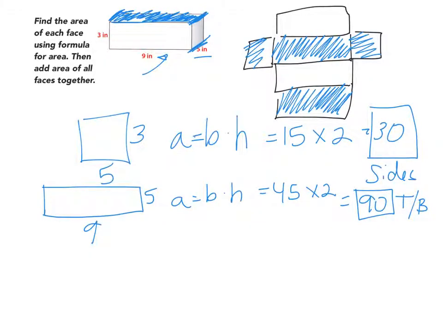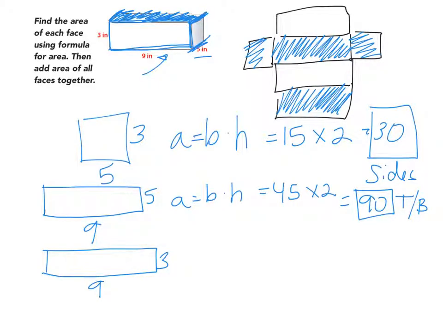Okay, and our last piece of information that we're trying to look for are the front and back faces, which would be this first rectangle that we see. So if I look closely here, I know that 9 is going to be my bottom length, and I know that my height's going to be 3. So my second set of rectangles are going to be slightly different because they're 9 by 3. So again, it's really important that we pay attention to these.